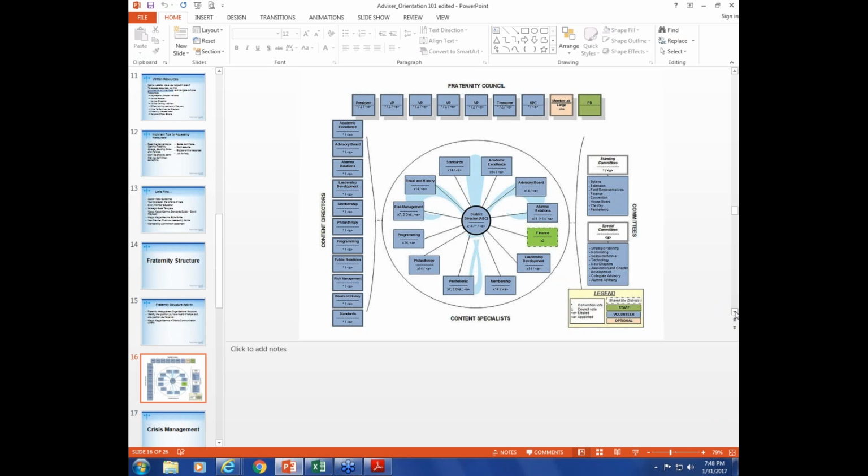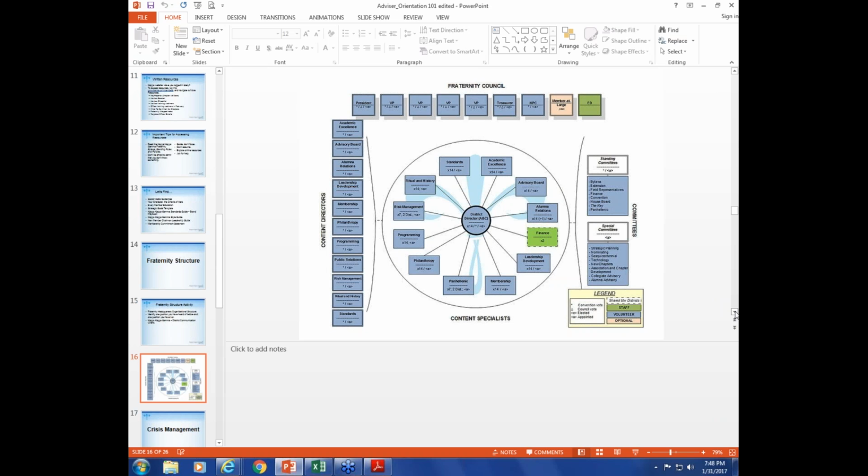Those all have been morphed into the specialists and the content directors. So the council doesn't have specific roles overseeing those specific roles as they did in the past.